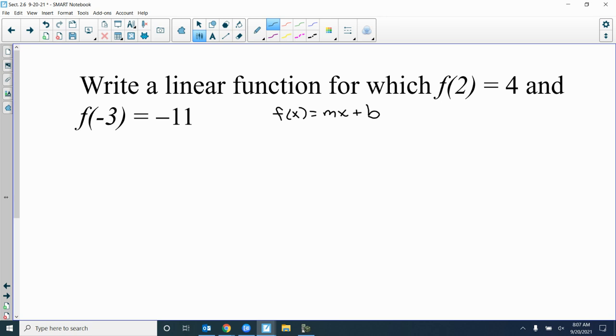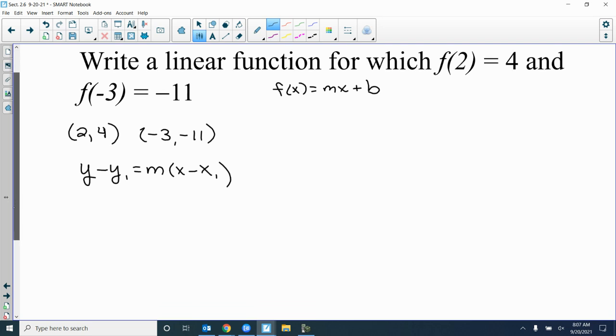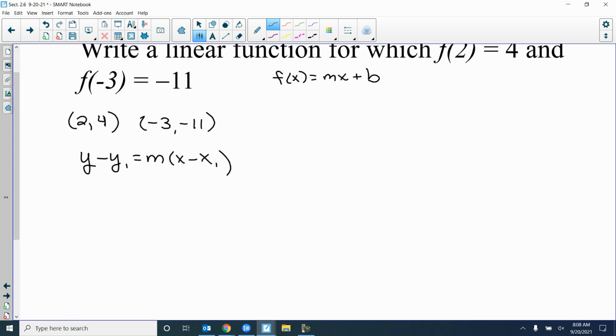Well, if you think about it, f of 2 equals 4, that's going to be the point 2 comma 4. f of negative 3 equals negative 11 is negative 3 comma negative 11. I'm just going to use y minus y1 equals m times x minus x1. And I'm going to substitute my, well, what do I got to find first? I kind of skipped a half a step here. Got to find the slope, and then I pick a point and substitute those in.